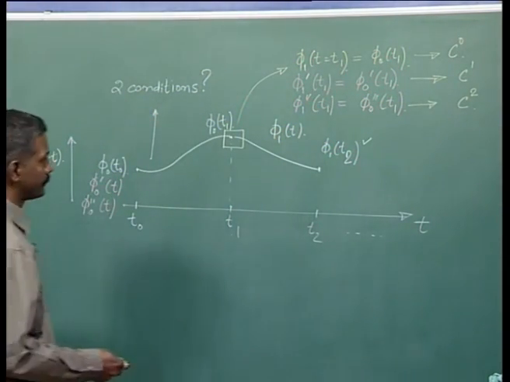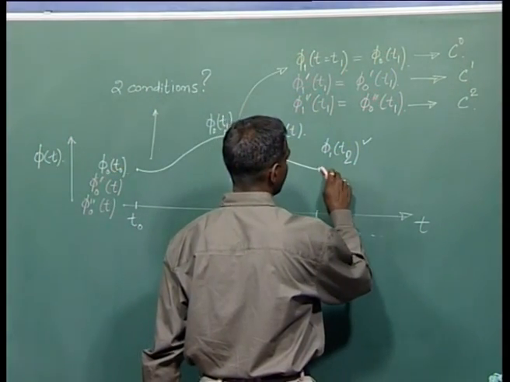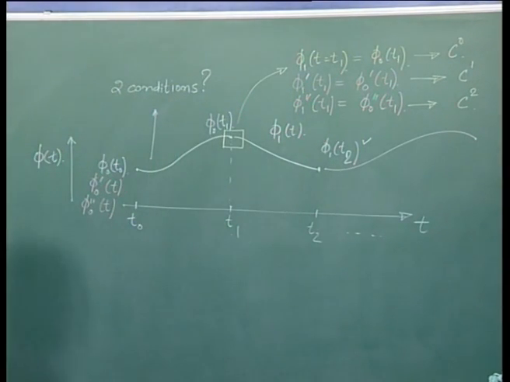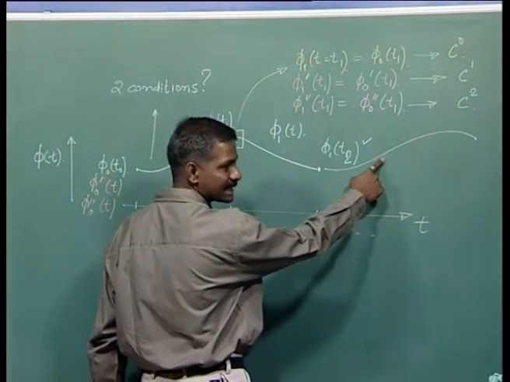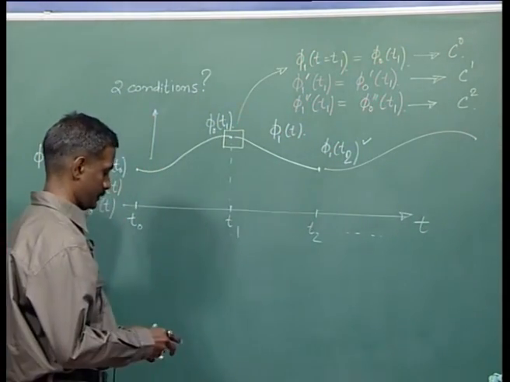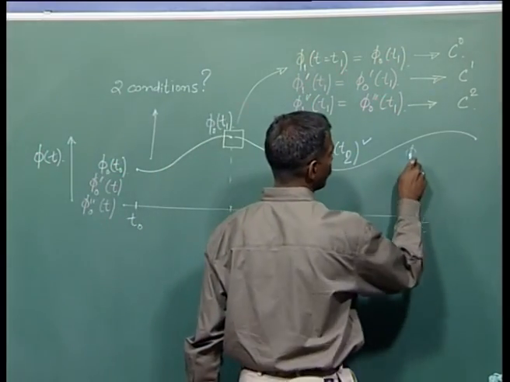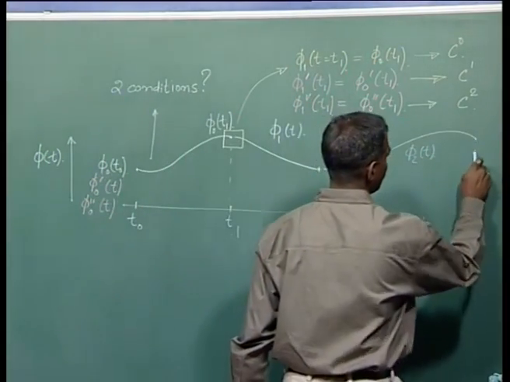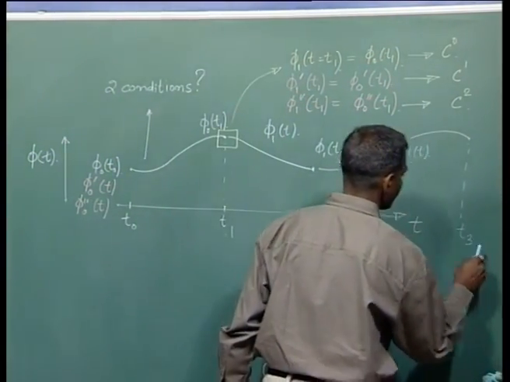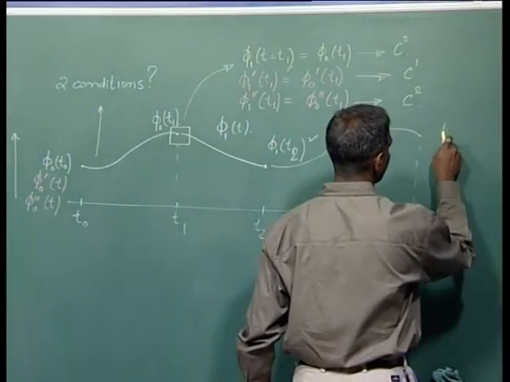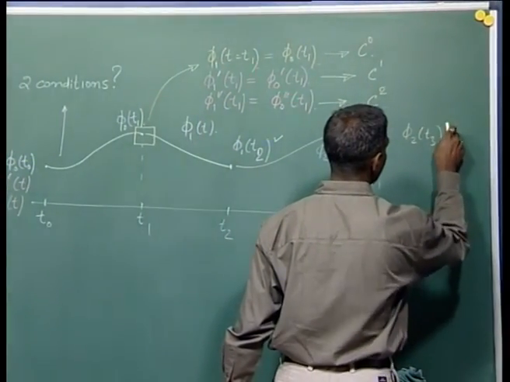Constructing the third segment. We would construct the third segment in exactly the fashion that we used to construct the second segment. Let me call this segment phi 2. Let this knot value be t3. Let me assume the value right here, phi 2 at t3, is known.